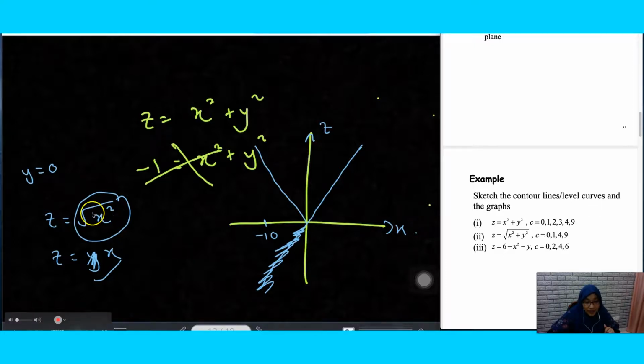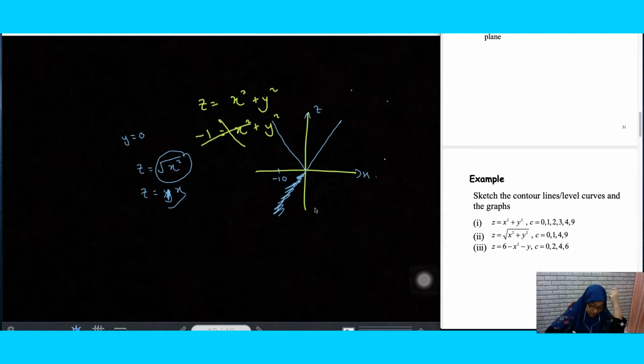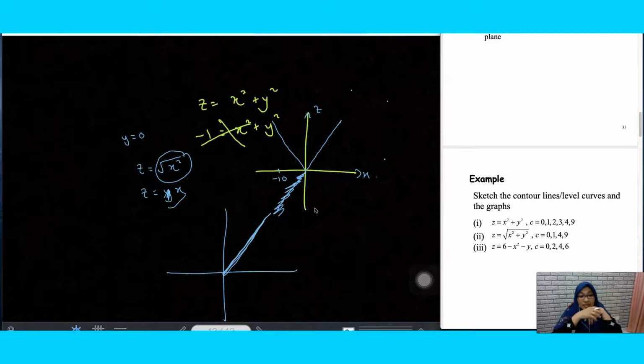For whatever value of x, even if x is negative, it turns out that z is always a positive number. So that is the idea. But if you provide me just this one, is that correct?